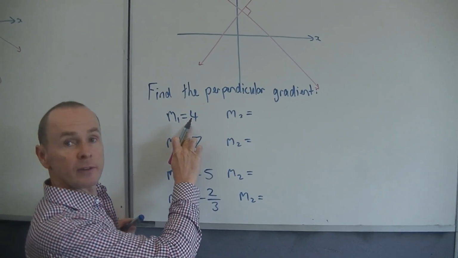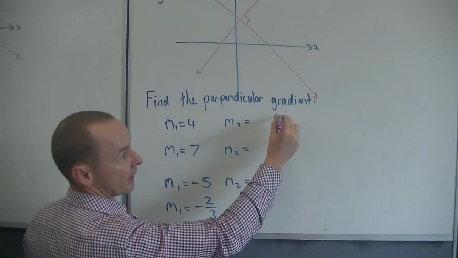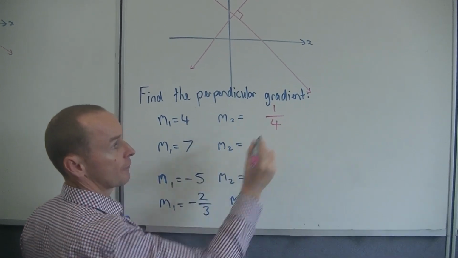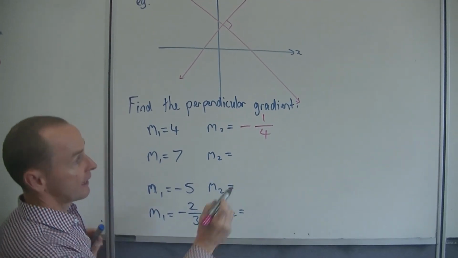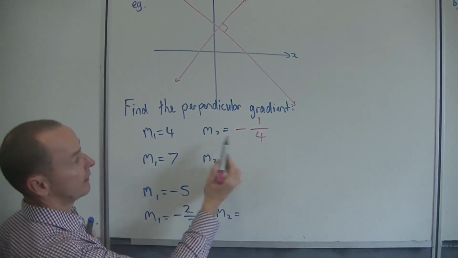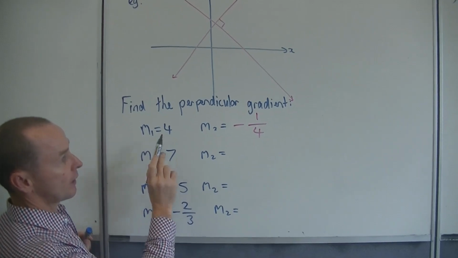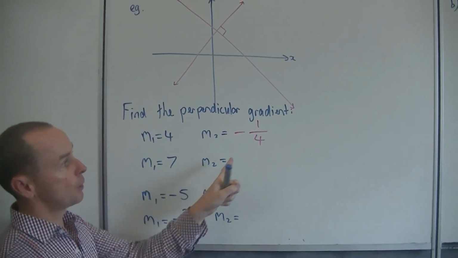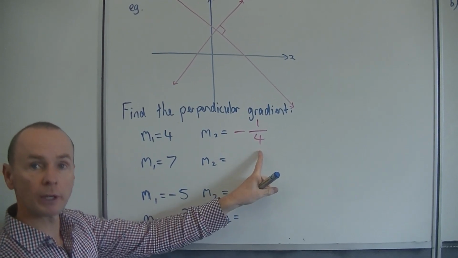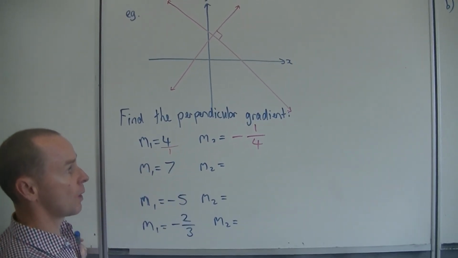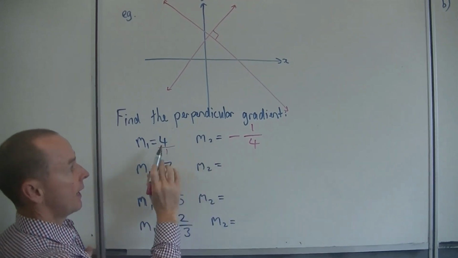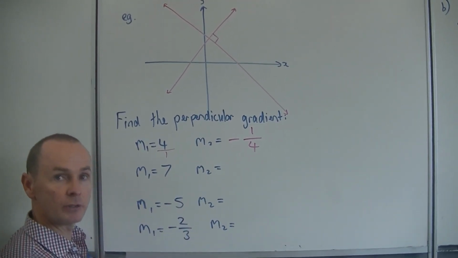So if the first gradient is positive 4, we flip it, so we make it 1 over 4, and this is a positive, so you make it a negative. So if the first gradient is 4, the perpendicular gradient is negative 1/4. Does that make sense? It's like 4 over 1, so you make it 1 over 4, and you change the sign.